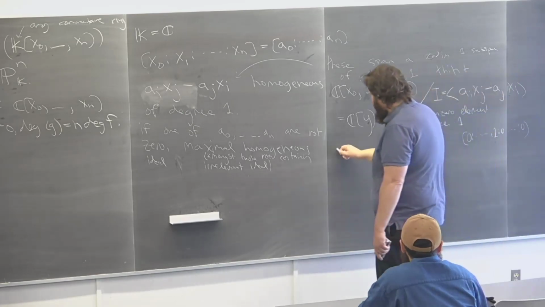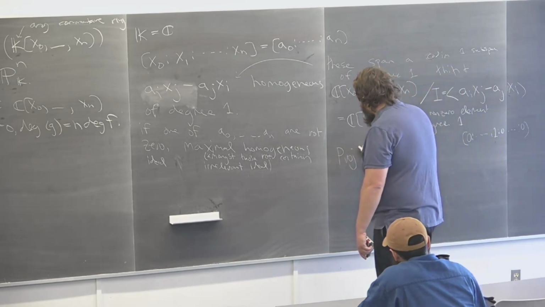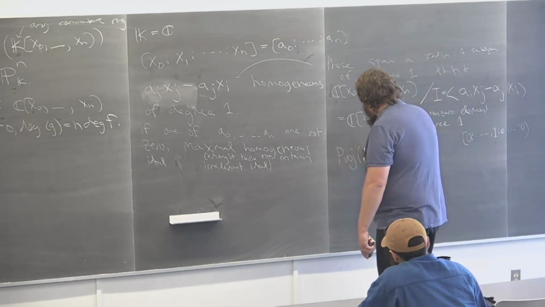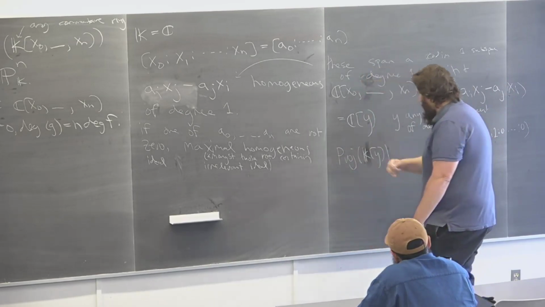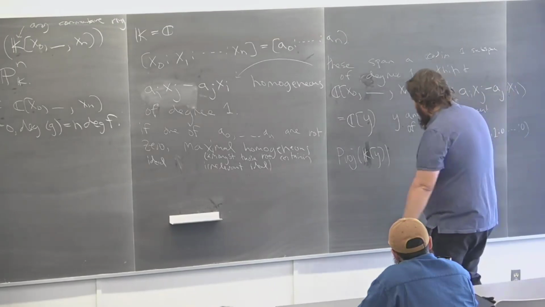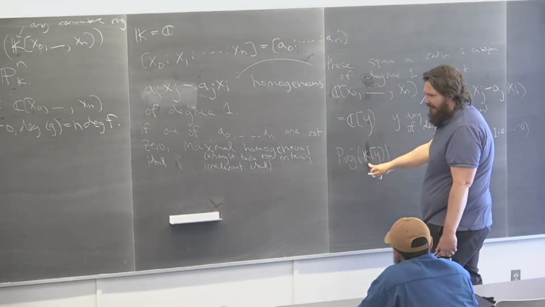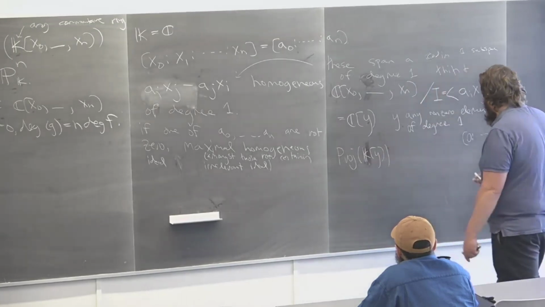But always one of the xi's has non-zero image, and I could take y to be that guy. So this is actually taking me to an important point. If I take Proj of, more generally, K[y], every homogeneous ideal in here that doesn't contain the irrelevant ideal has to be of the form, take an ideal in K and just add y to it.